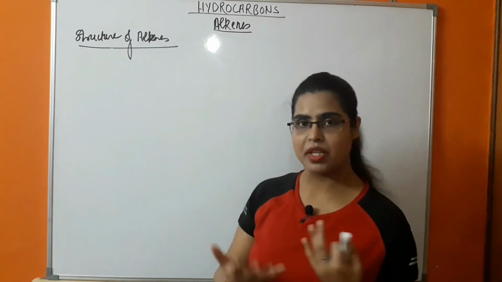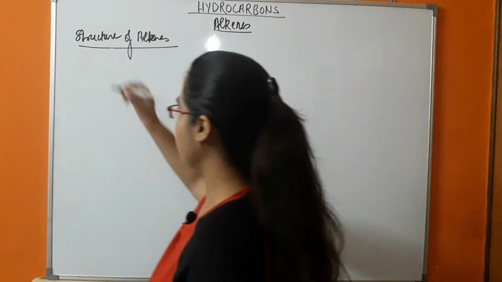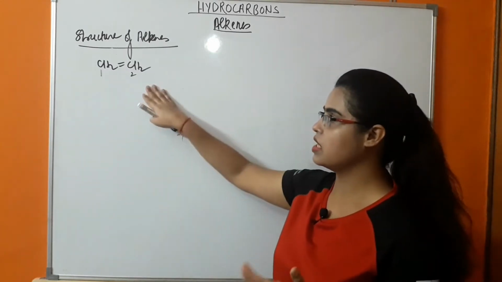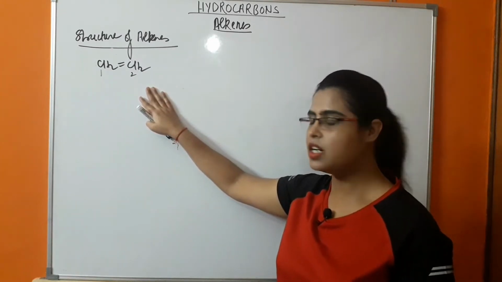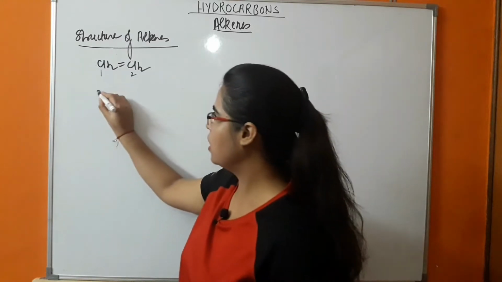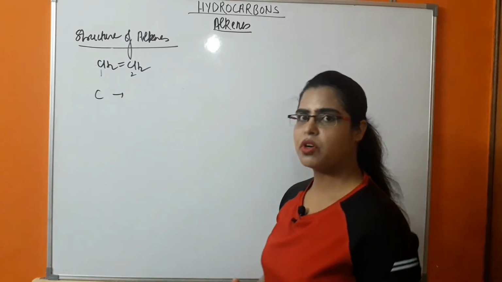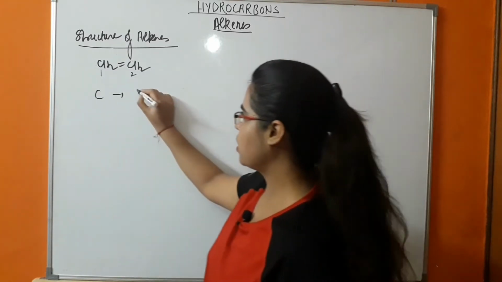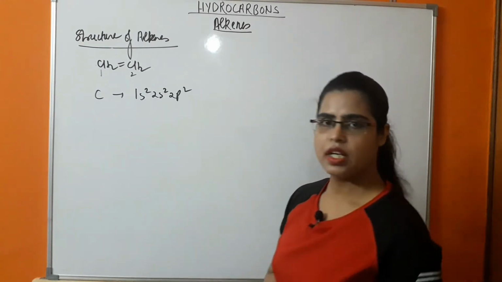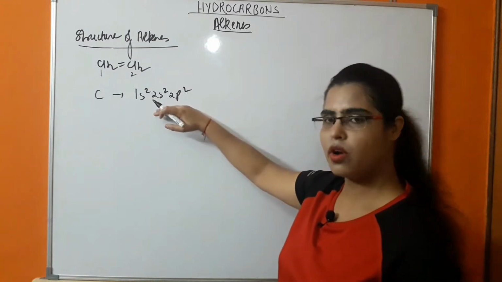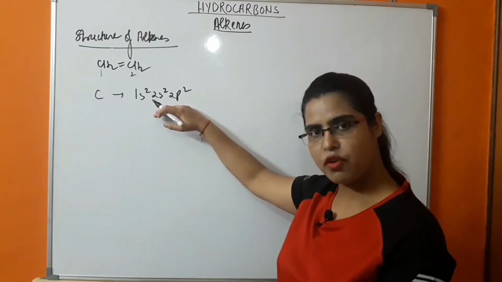So let's see the structure of alkene. As an example, let's observe the structure of CH2=CH2 and how the pi bond formation takes place. First of all, the atomic number of carbon is 6, with electronic configuration 1s2, 2s2, 2p2. The outermost shell electrons are involved in bond formation.